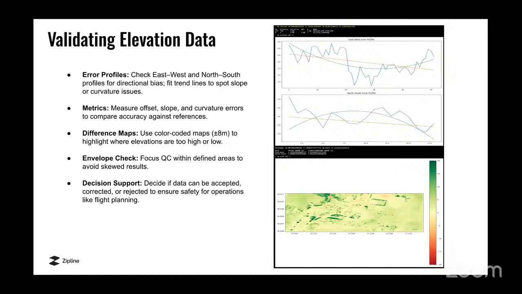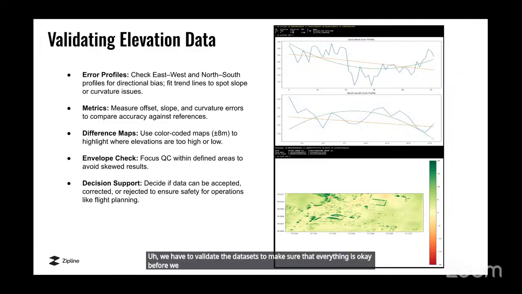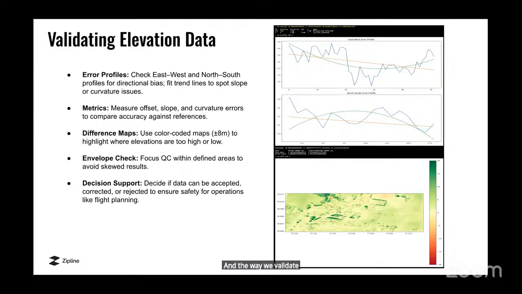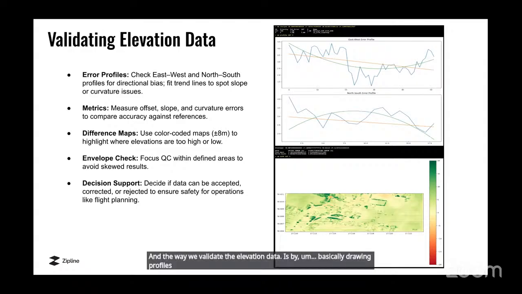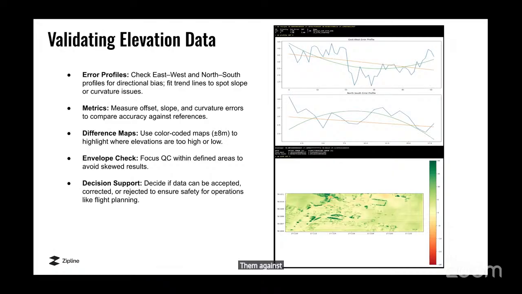Once we get the elevation data sets that we need, we have to validate the data sets to make sure that everything is okay before we trust that our drones can fly over them. And the way we validate the elevation data is by basically drawing profiles and then comparing them against more trusted data sources.